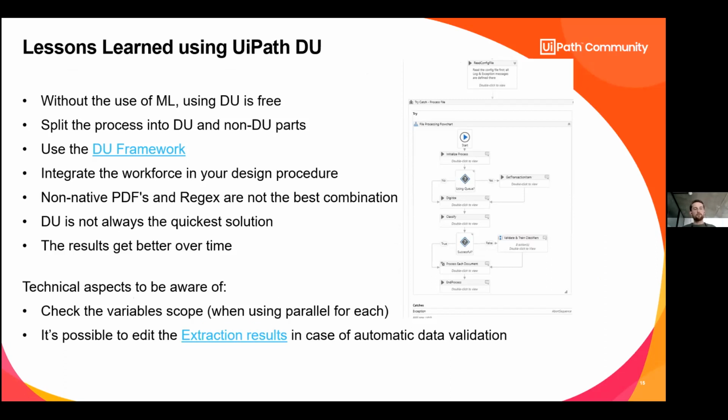So it's possible to edit this extraction object before pushing it to a validation action, if you get what I mean. But it's all linked in the presentation, as you can see. It's a certain kind of document or a certain type of variable which is manipulable, which is very useful if you want to automatically validate certain data.